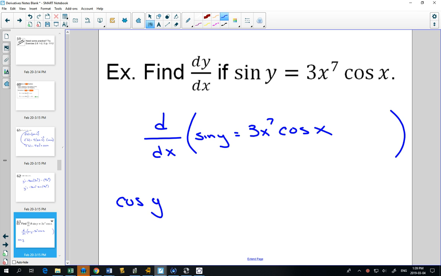And whenever you have a y in a function with implicit differentiation, use the chain rule and say the derivative of my inside function is dy/dx. On the left-hand side, we have the product rule, so we keep one the same, multiply by the derivative of the other one, plus keep the other one the same, derivative of the first one.